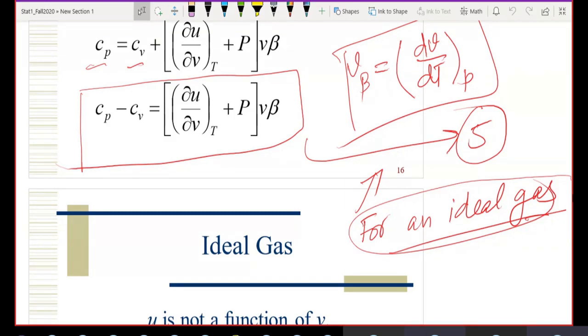Using the ideal gas equation, we will set this as constant. Okay, and because you now have partial U over partial V also, you have to define U first. U is the internal energy, right? Yes, how will you define it?